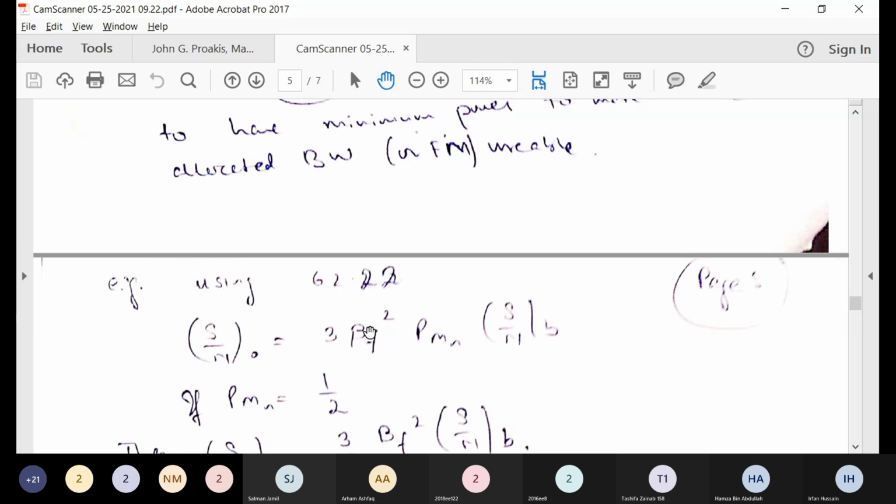So we use this relationship for FM. Signal to noise ratio at the output is equal to this times the signal to noise ratio at the baseband level, meaning at the baseband level at the input of the demodulator.